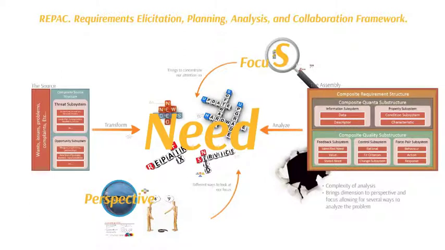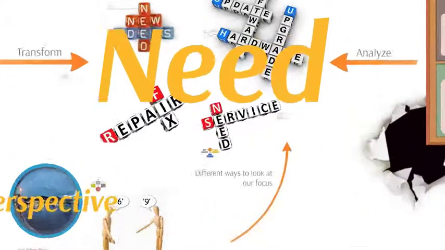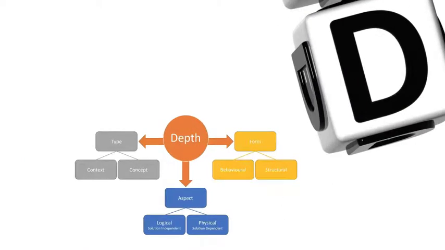Our complexity of analysis brings dimension to perspective and focus, allowing for several layers for analysis. This is what our depth looks like. So depth takes on three different concepts: type, form, and aspect.